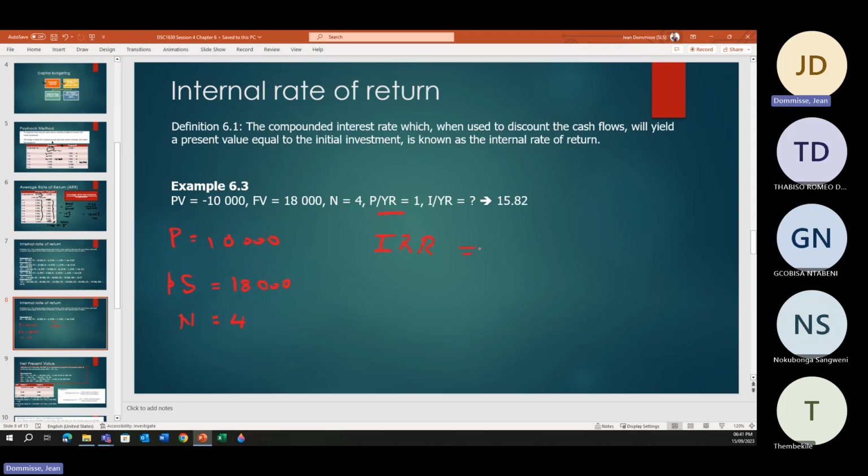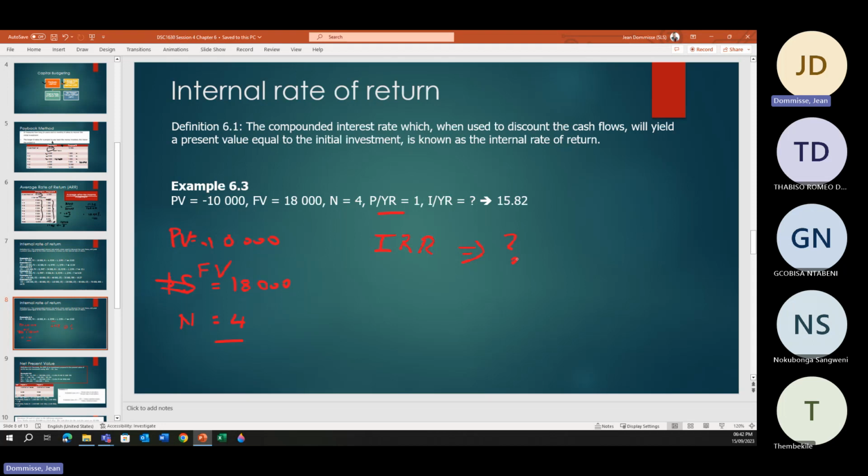Okay, so with the internal rate of return, what is very nice is, if they give us that present value, we can put it in as a present value. The final value we can put in as a future value. We can put in the N, and we can calculate what your interest rate is. So let me, on my side, do that as well. Remember, if we've worked with some of the other questions, we just need to change the payments per year to 1.